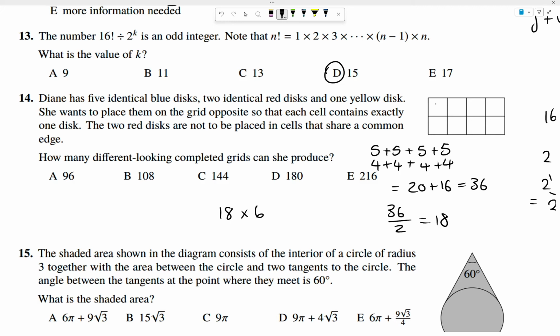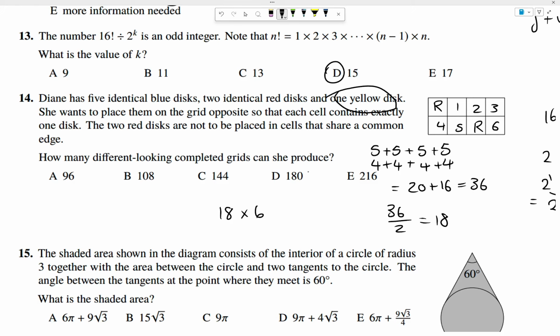Okay, for multiplying by 6, let's imagine that the red discs were here. We have 1, 2, 3, 4, 5, 6 locations where the yellow disc can go, which is why I multiplied by 6. And then we know that all the remaining squares must be filled by blue discs, so we don't even have to consider the blue discs, because there's only one way that we can place the blue discs on the grid.